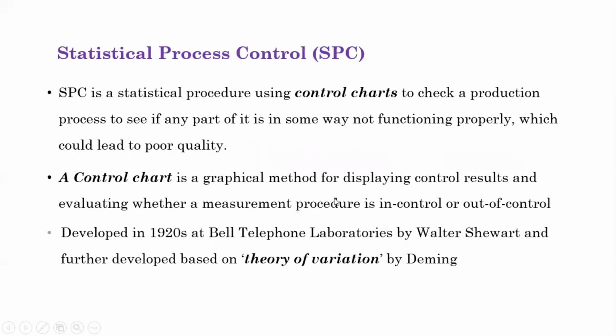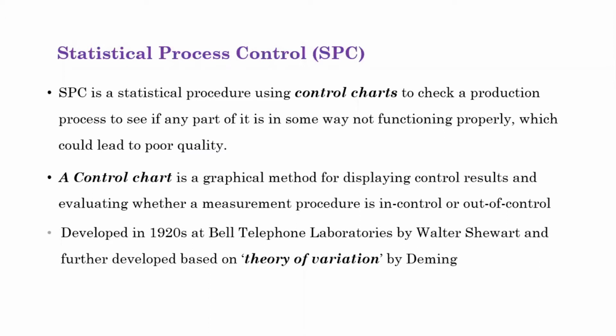Now, statistical process control would use these control charts to check the production process, if any part of the process in some way is not functioning properly. Remember histogram. Now we are looking at it from a horizontal perspective, and we're looking at the classes or the subgroups.